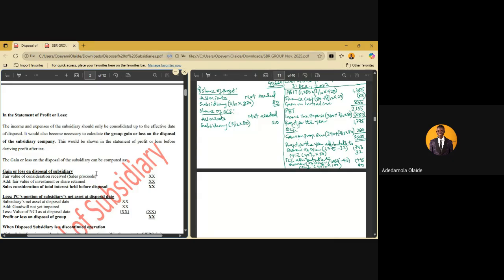Now, calculating the gain or loss on disposal is of two ways. When we are preparing the separate financial statement of the parent, we calculate the gain or loss to the parent only. We do the disposal proceeds less the cost or the carrying amount of the investment.